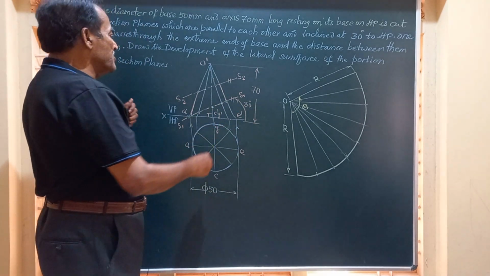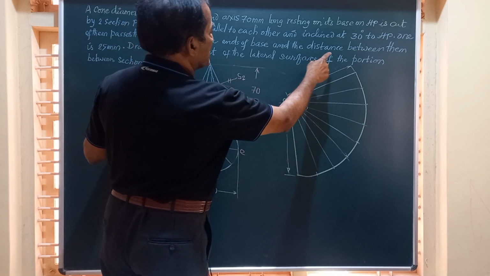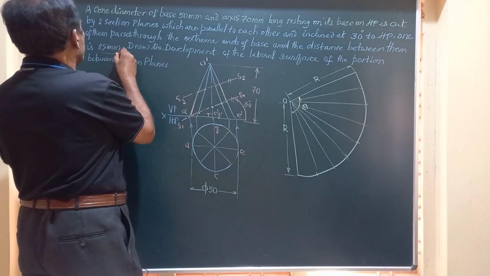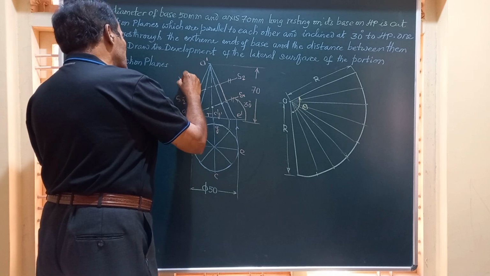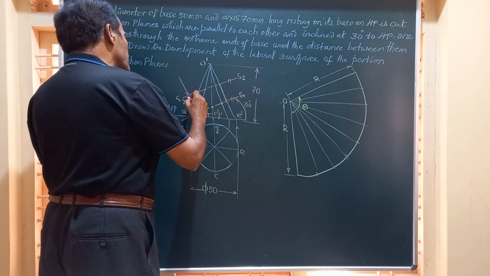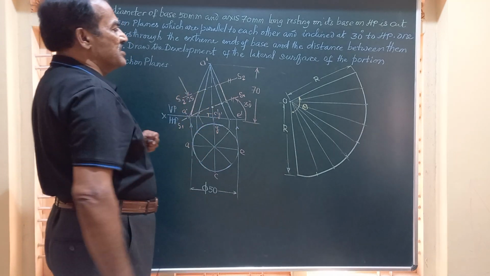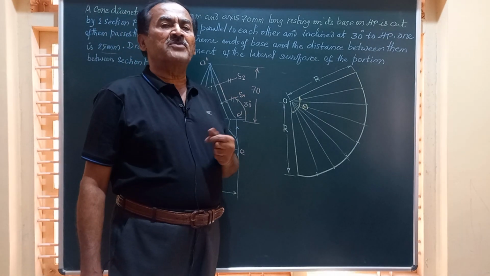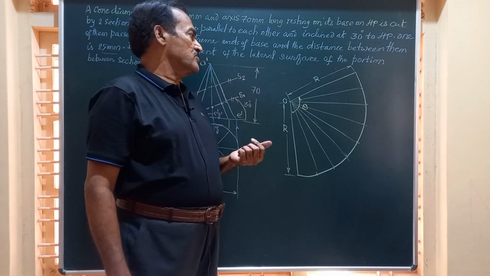And the distance between them is 25 millimeter. So friends, this gap, wherein we are writing the distance of these two, is given to be 25 mm. So 25 mm is the perpendicular distance between section planes S1, S1 and S2, S2.